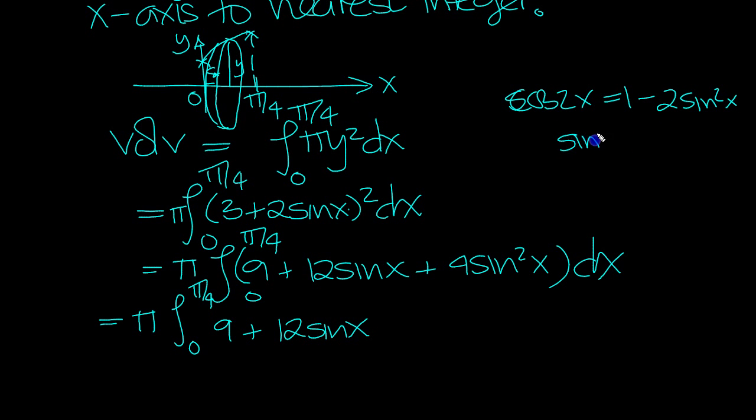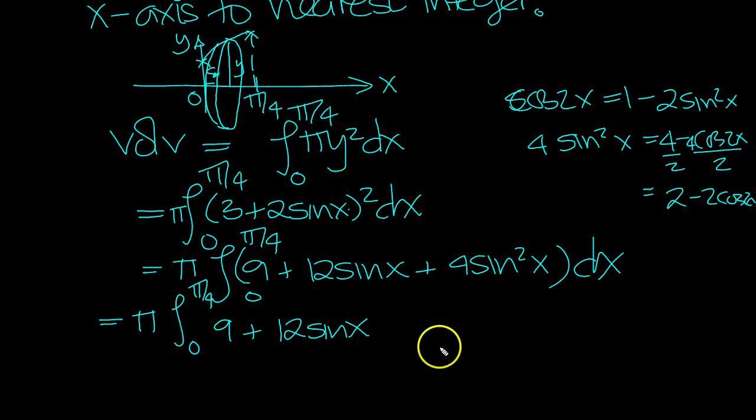So sine squared x is equal to, move that over, 1 minus cos 2x over 2, so it's that. 4 lots of it then will be 4 over 2. So that's equal to 2 minus 2 cosine 2x. So it's plus 2 minus 2 cosine 2x dx.